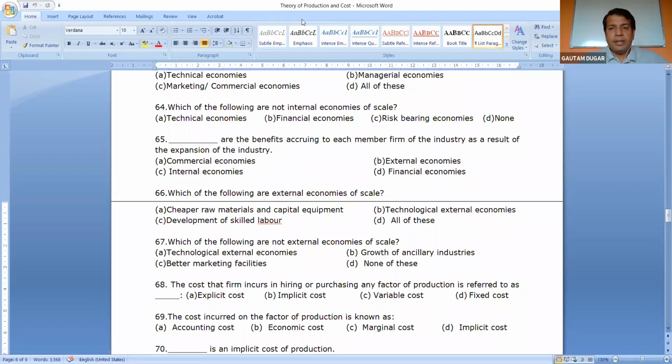Which of the following are external economies of scale? Yes, D is the correct answer. All of these are external economies. 67.